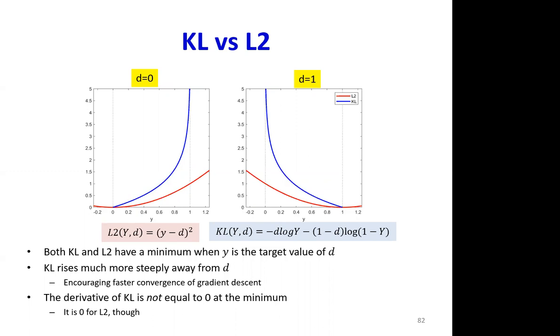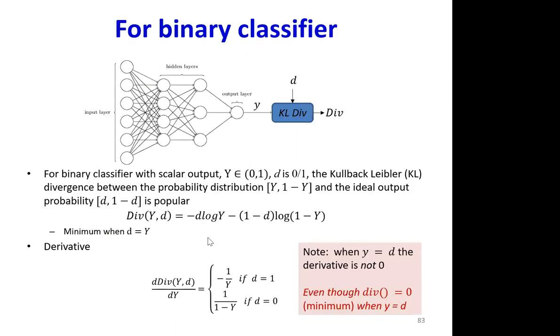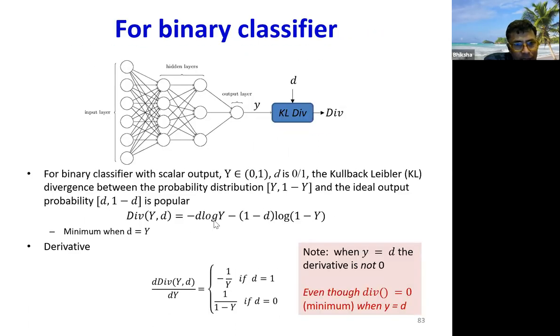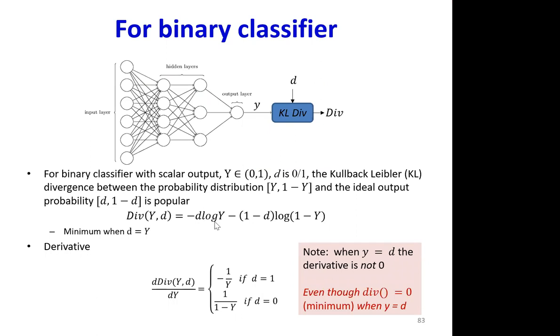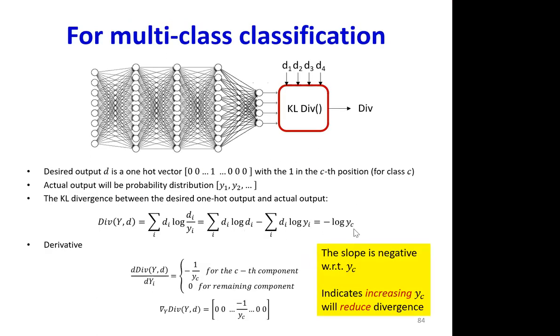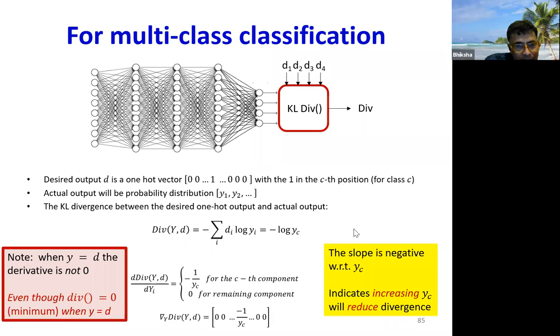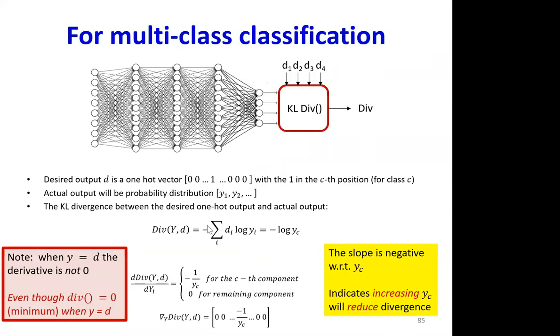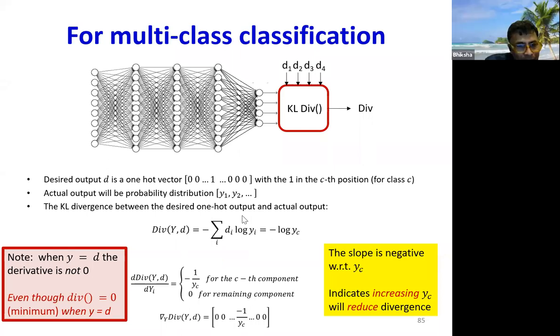I have a question regarding KL divergence. It looks like on slides 84 and 85, the formula for KL divergence is different. In slide 84, it is di log di, which becomes minus yc, and in 85 you only have the second term, and the first term is missing. Okay, so this is a bug.